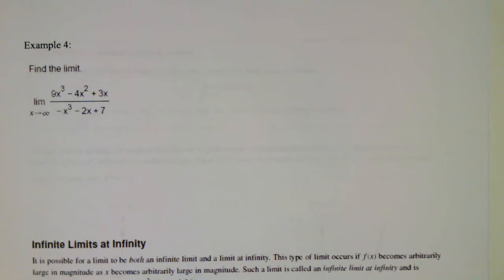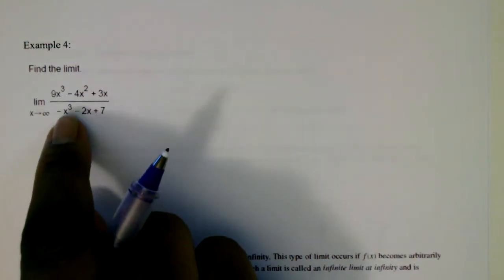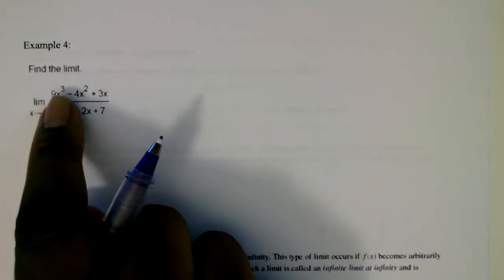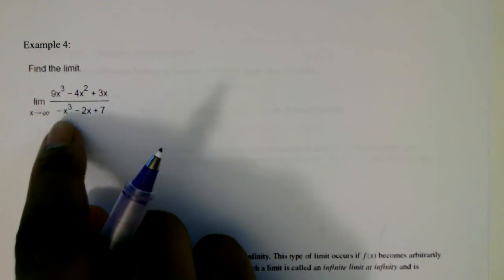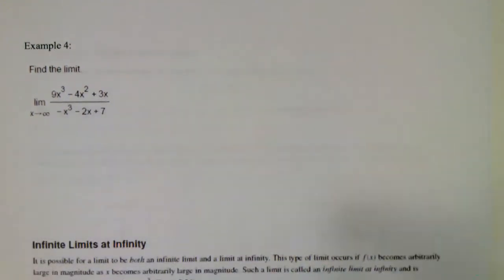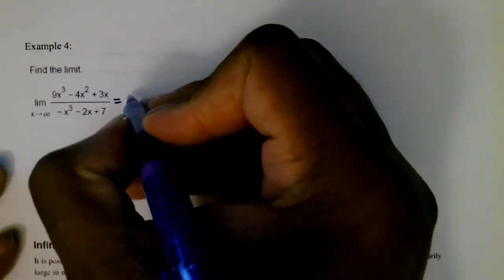And here the limit will be as x approaches infinity. All right, in this case here, the highest exponent in the denominator will be x to the third. So I'm going to be dividing each and every term in the numerator and the denominator by x cubed. Okay, don't worry about the negative sign in front of the x cubed.